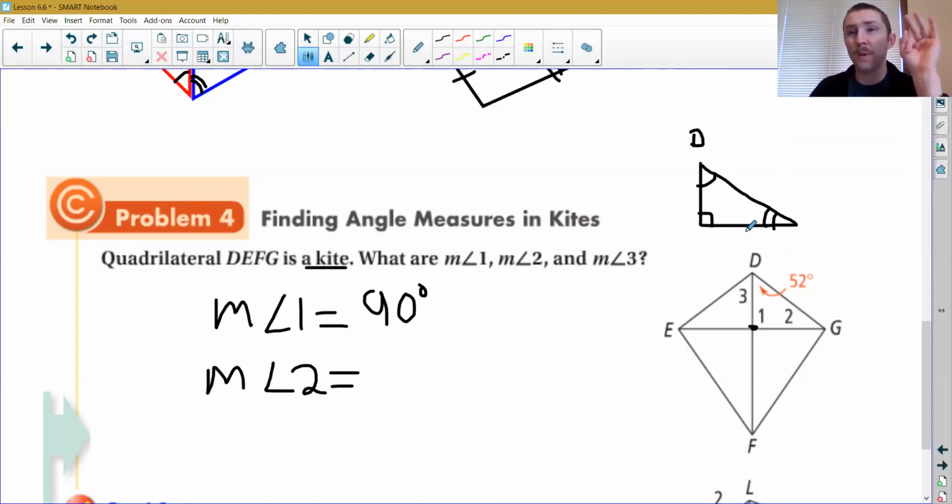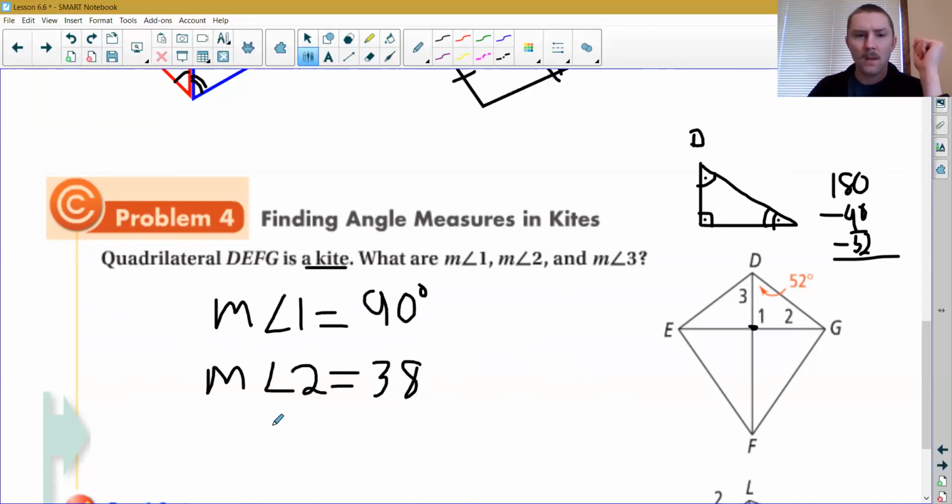Remember that the three angles in a triangle always add up to 180. I know this one is 90 and this one is 52, so I can do 180 minus 90 minus 52, and you're going to come out to 38 degrees. So the measure of angle 2 is 38 degrees.